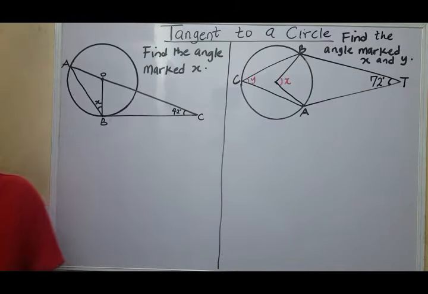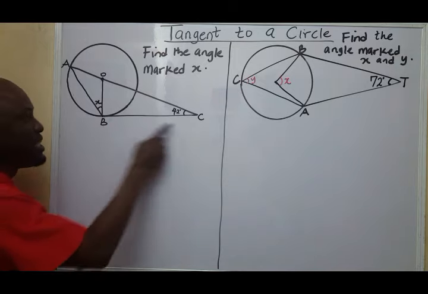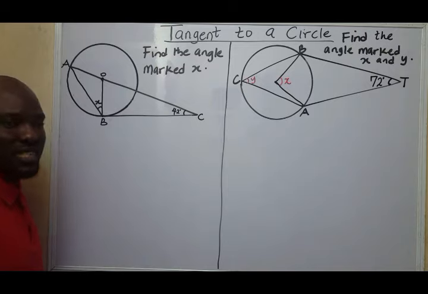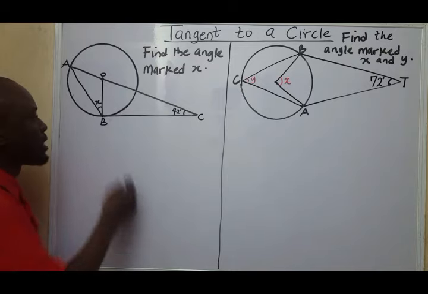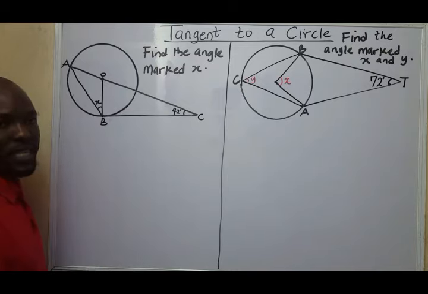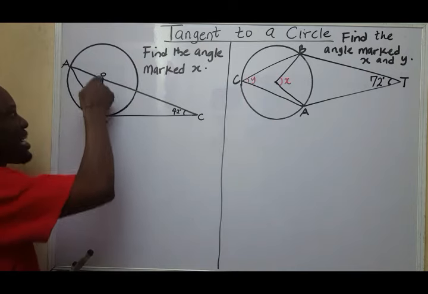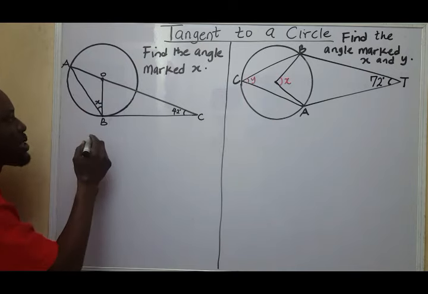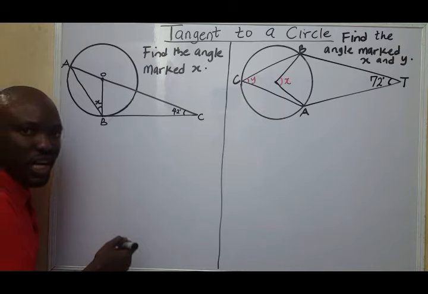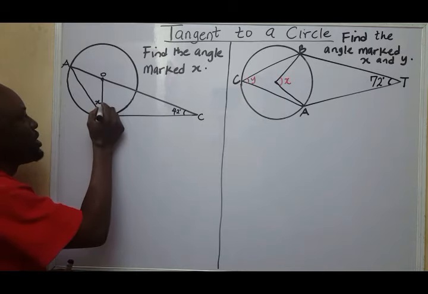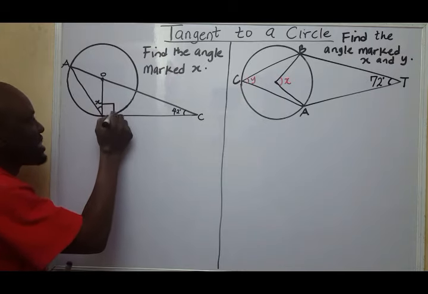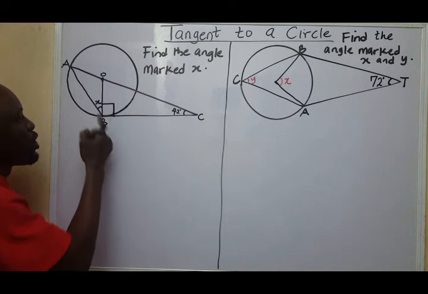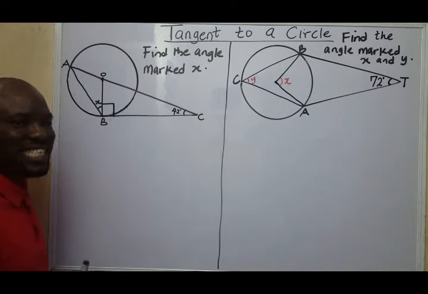If we look at the first problem, we can see that line BC is a tangent to the circle at the point of contact B. Remember that this is a radius at center O. I said earlier that the angle between the radius and the tangent from the point of contact is 90 degrees.